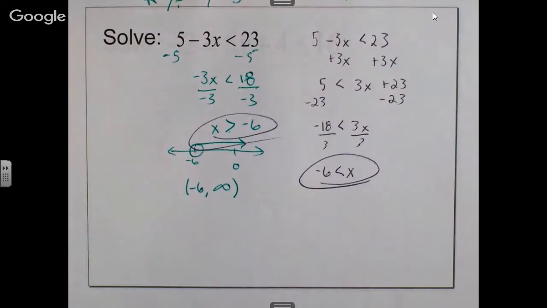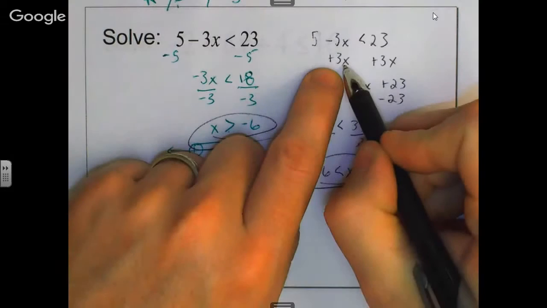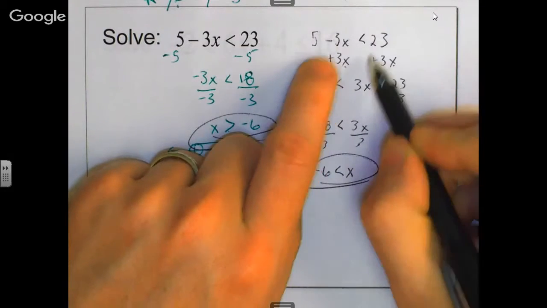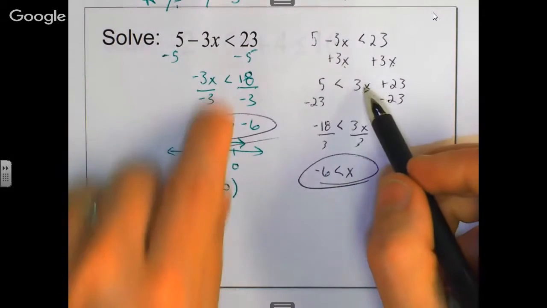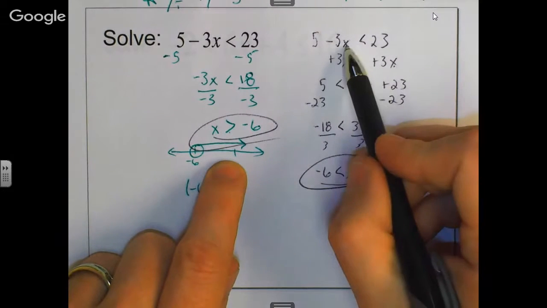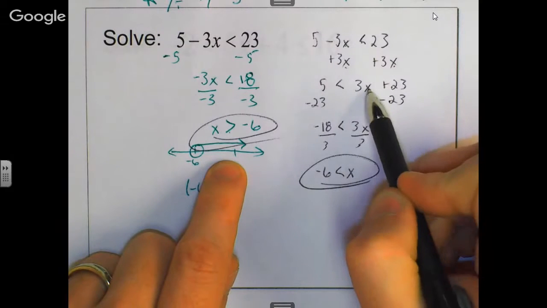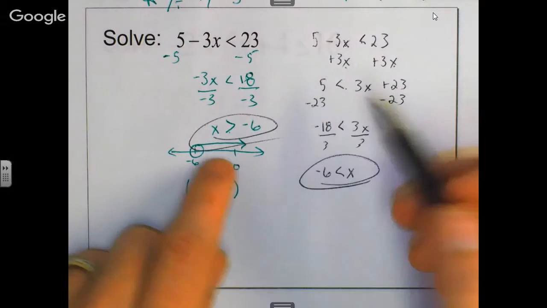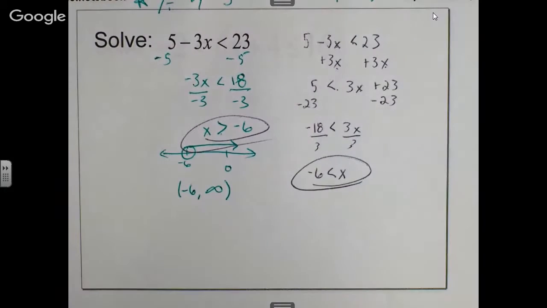But what happened? Well, when I move this x to the other side, I flipped the direction of my sign, okay? It was x less than, now it's x greater than, okay?